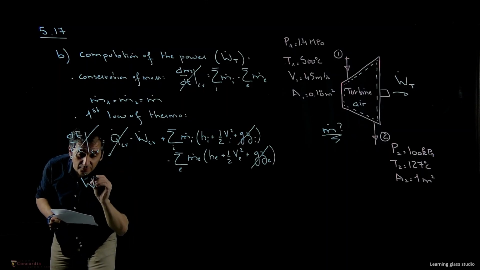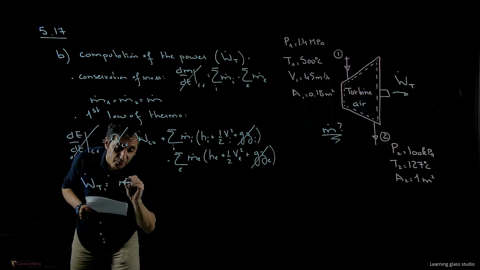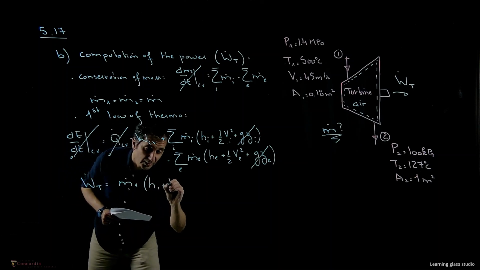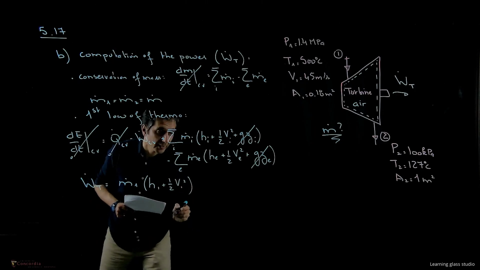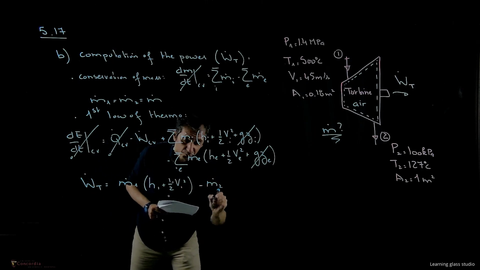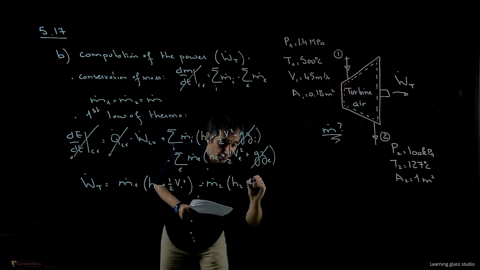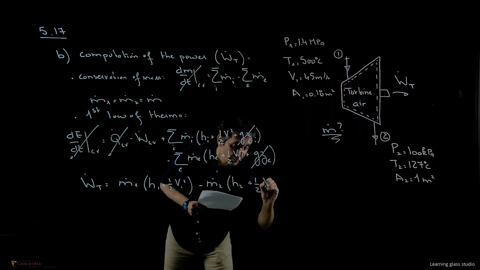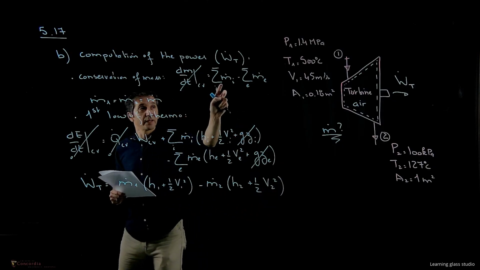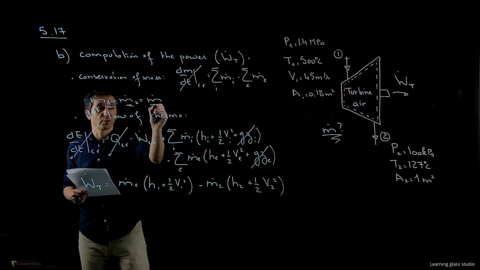We'll get the power of the turbine is equal to m dot 1 times (H1 plus 1/2 V1 squared) minus m dot 2 times (H2 plus 1/2 V2 squared). But here, thanks to the conservation of mass, m dot 1 is equal to m dot 2 is equal to m dot.